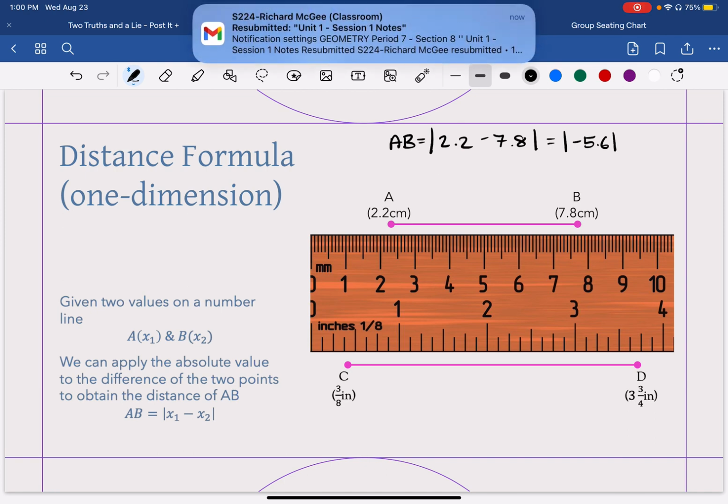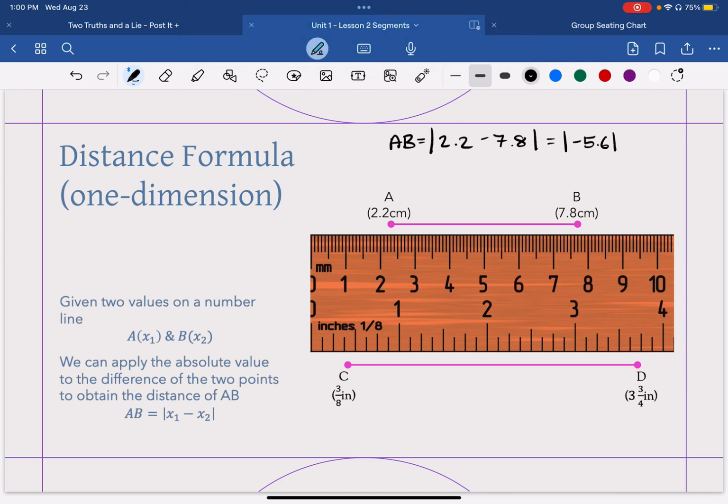Taking the absolute value, we end up with 5.6. We can also do 7.8 minus 2.2. That's going to give us 5.6 as well.